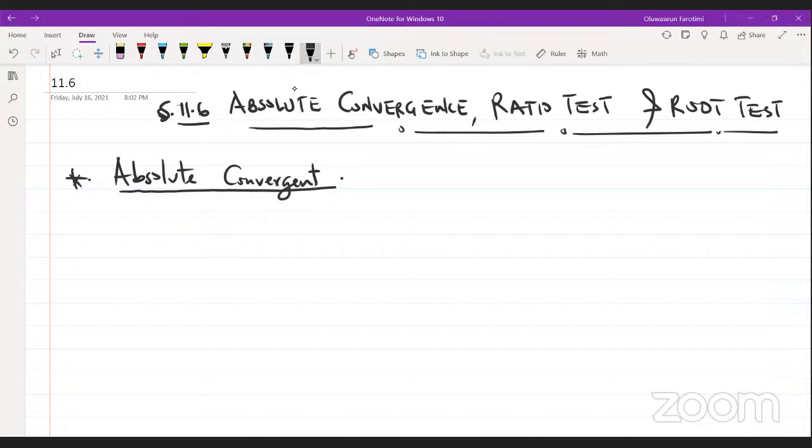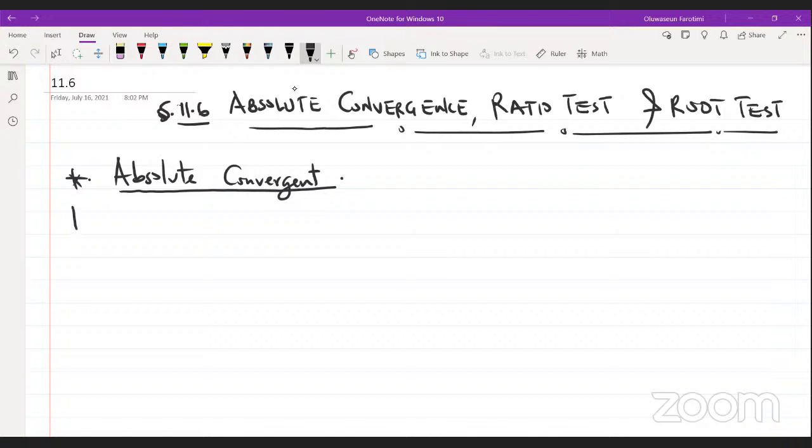Okay, so we saw all of those in the previous sections. So in this section, our focus is to get more tools by looking at absolute convergence, ratio test, and root test. Again, all of these don't actually give us the exact sum of the series. It only helps us to determine if the series converges or diverges, okay?